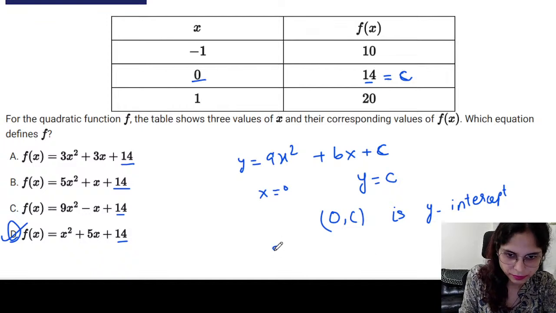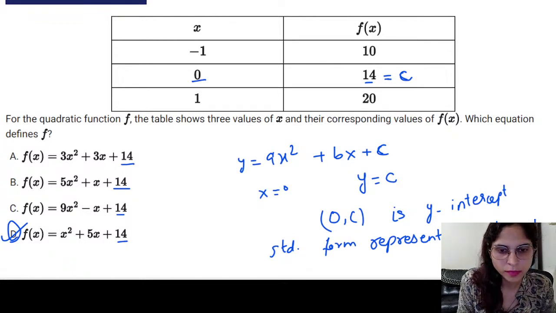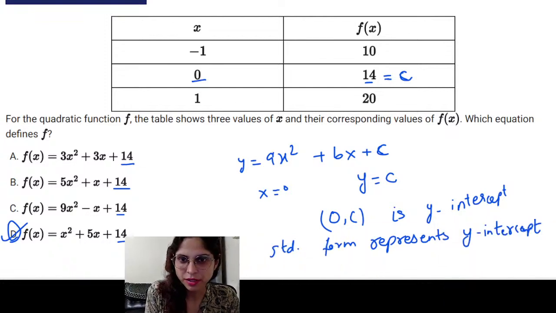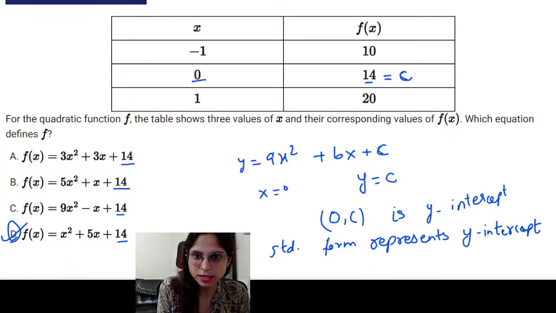Okay? Yes, so that's everything. Standard form represents the y-intercept. And then which one is the y-intercept? Your c value. Okay?